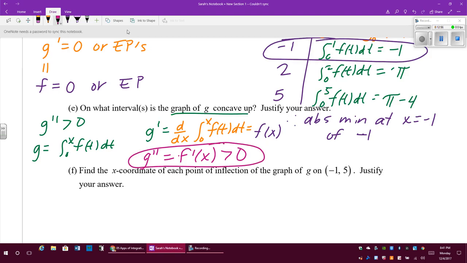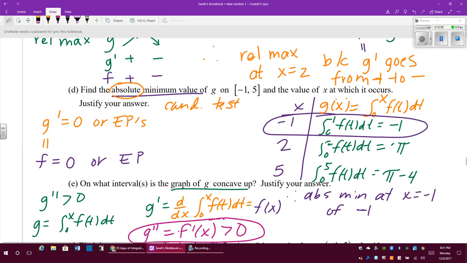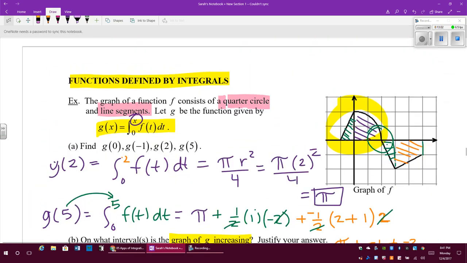So now, what is f prime of x? F prime of x is the slope. Look at your graph of f. When is the slope positive? Well, let's trace it with our highlighter. The slope is positive from -1 to 0, and also from 3 to 5.